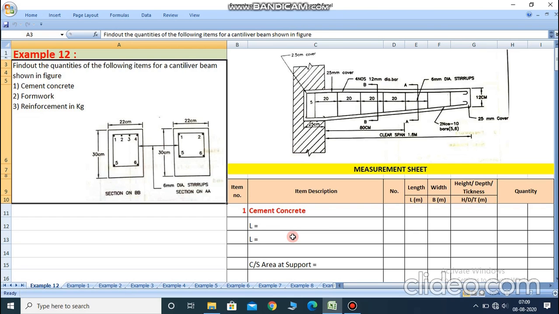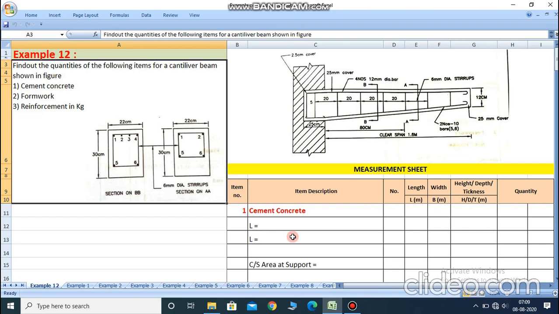Here the cantilever beam is not exactly rectangular or square in shape; on the outer side the thickness is less as compared to the inner side. So a slope is provided at the bottom.